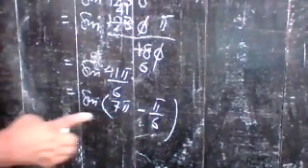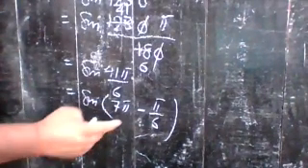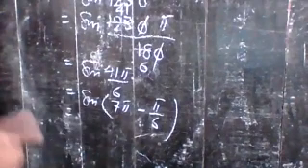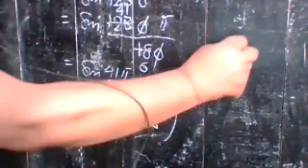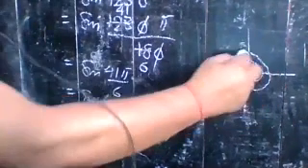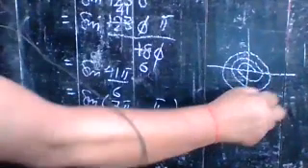Now see in which quadrant it lies. 7 pi can be written as 6 pi plus pi. 6 pi means 3 revolutions. Let's see with the help of a diagram also: 1, 2, 3 revolutions plus pi.